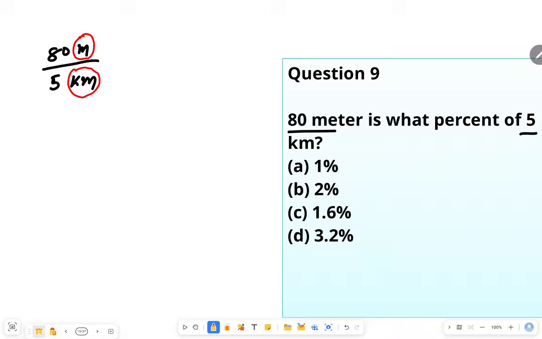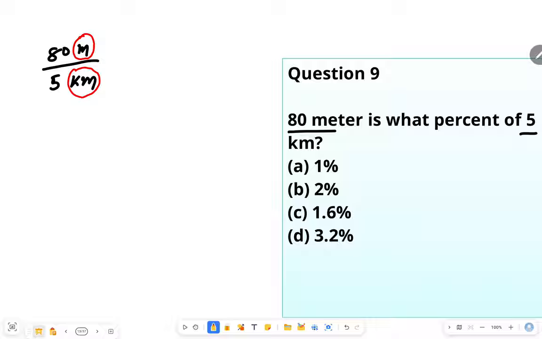We don't have the same unit. Do we have? No, of course we don't have the same unit. Because the question is asking us to convert into percentage, the first thing we need to do is either change this 80 into kilometer, or change this kilometer into meter, and only then we can do that.